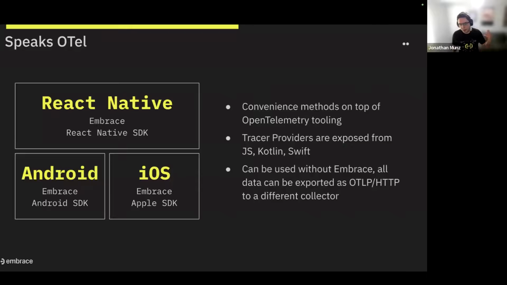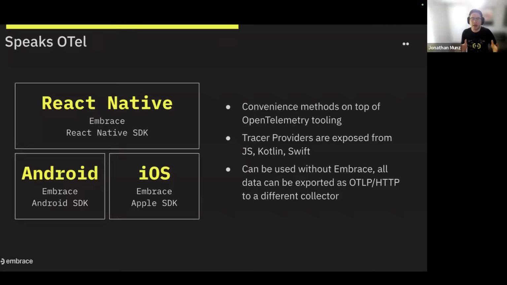Cool. And then, speaking of OTel, all the benefits we mentioned earlier about using OpenTelemetry, we want to make sure they're all still available using our SDK and not locked behind anything vendor specific. So we do expose our own convenience functions, because sometimes it's nice to just make a call to start a view or record an error log, and have the SDK worry about creating a span or log with all the right attributes.